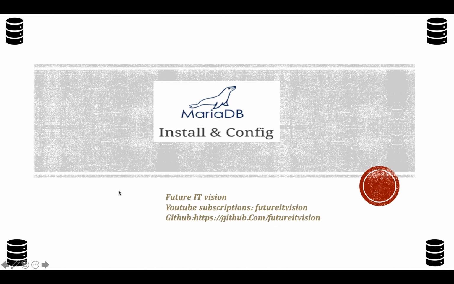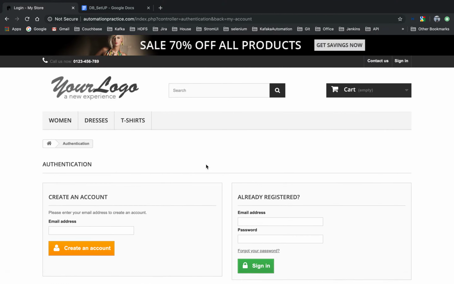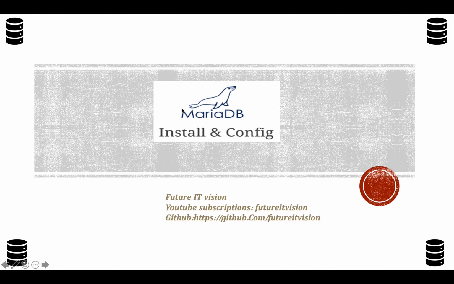So it is very important to verify that whatever you are doing in the UI is reflecting in the database. Because this is a demo website, we cannot use its DB to show how we are doing that. But now we can use a database, for example MariaDB, install it and see how a database actually works.